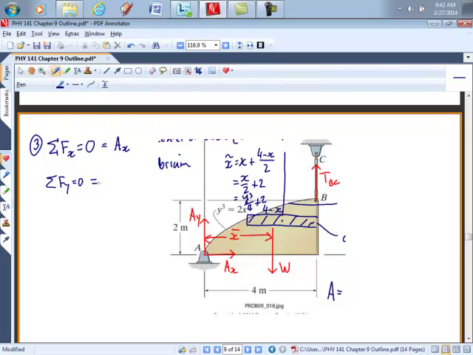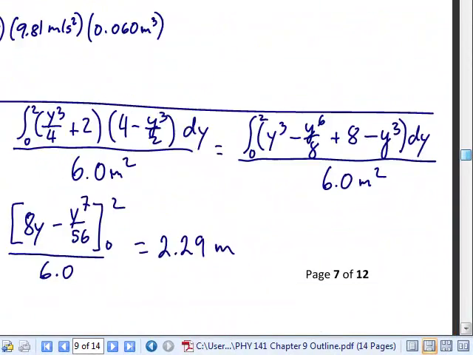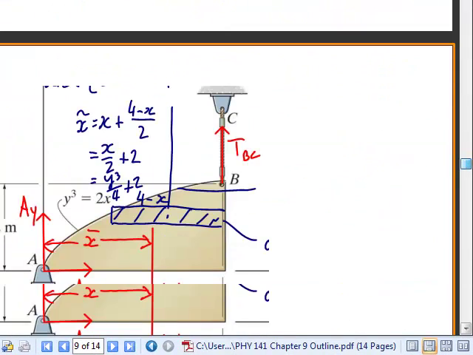I've got 3 forces in the y direction now, so that's going to be Ay plus the tension force, TBC, and then I've got the weight. And the weight we know is 4,621 newtons.